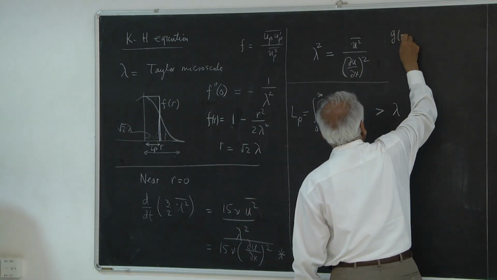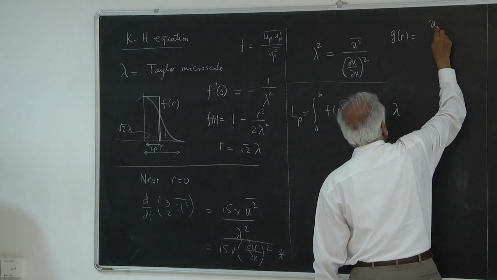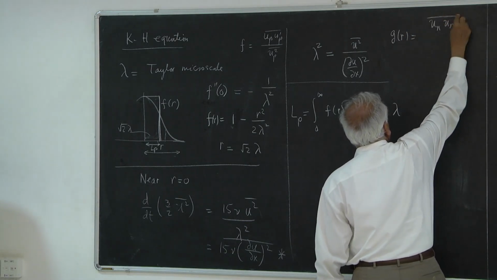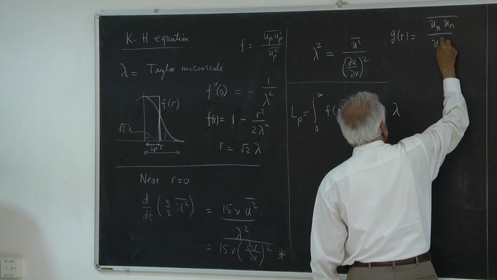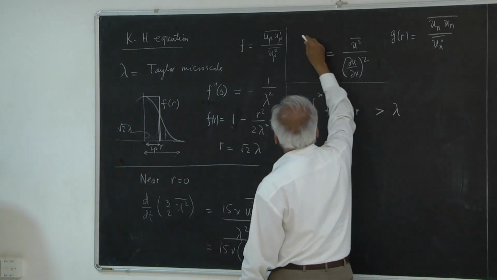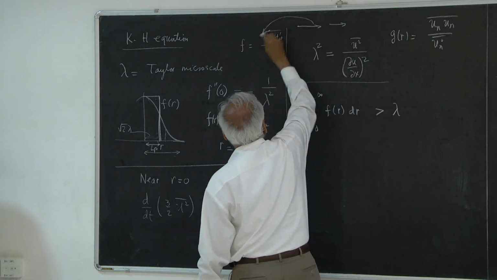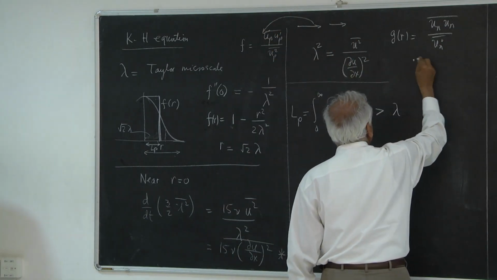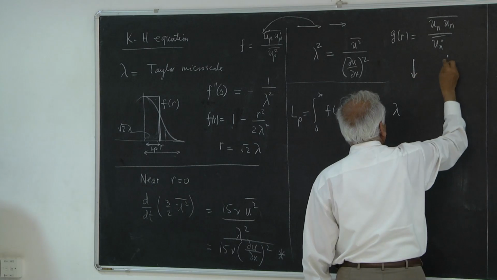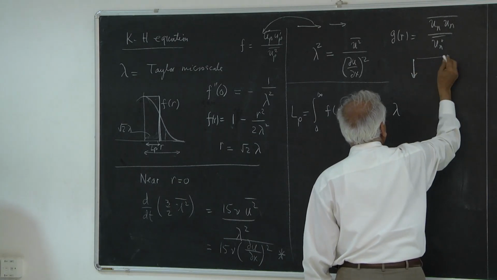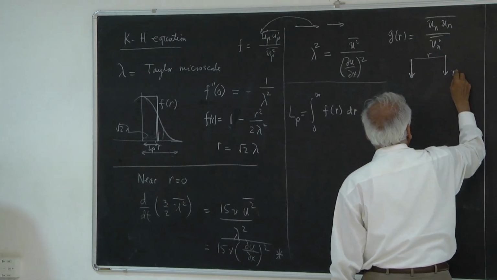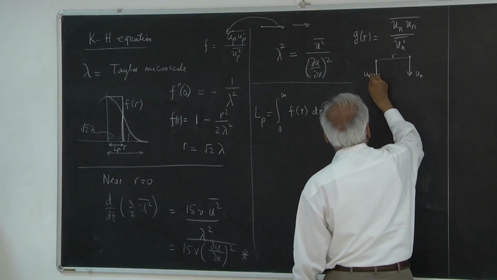g(r) is, if you remember, u_n squared, u_n meaning instead of taking velocities like that, which is what f is, this one is simply normal to the separation line r here. So this is u_n, that's u_n.